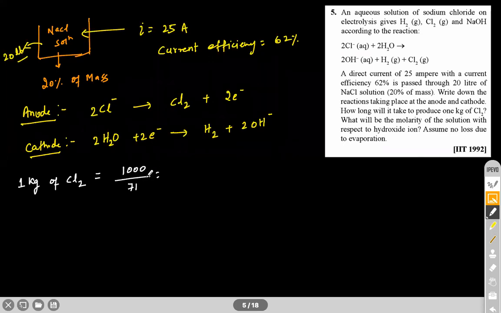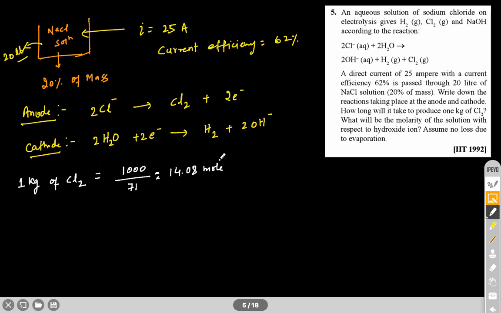So it will be 14.08 mole exactly we will get. It's not 100, it's 1000. These many moles of Cl2 we have to produce, Cl2 gas.